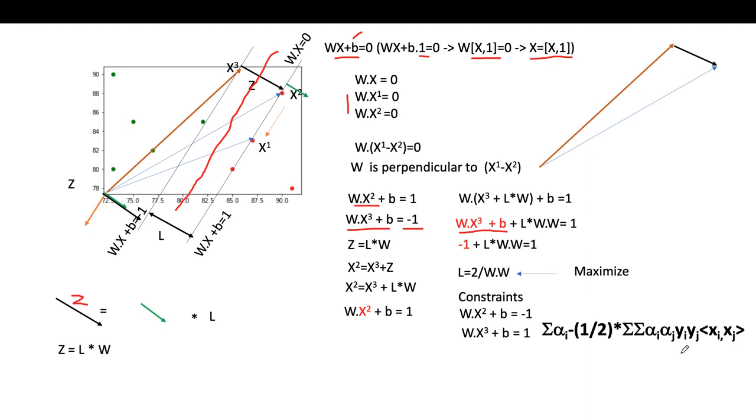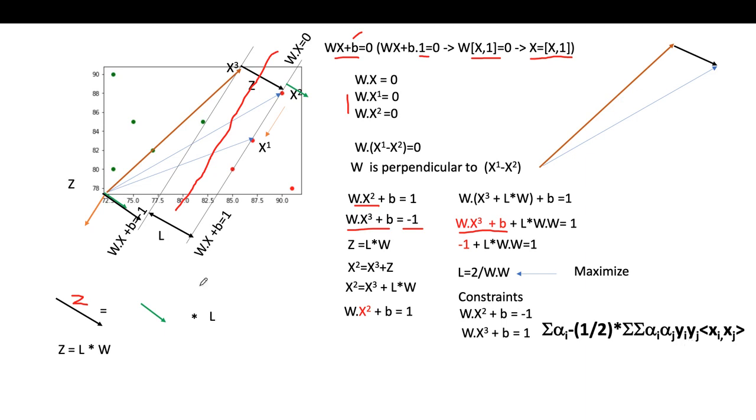So yi yj will actually be minus 1, and if xi and xj are very close, that is very similar, the angle will be close to 0 degrees and the cosine will be close to 1. Cos 0 degrees is 1, right? So that is the maximum value, and with this yi yj from opposite planes, if these are similar points that are close to the boundary line, they will yield the highest positive value, which will cause the minimization to get boosted.